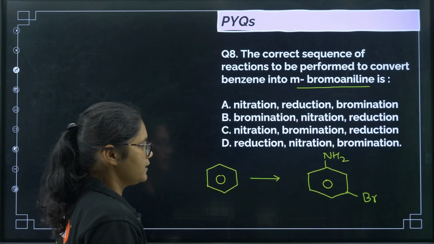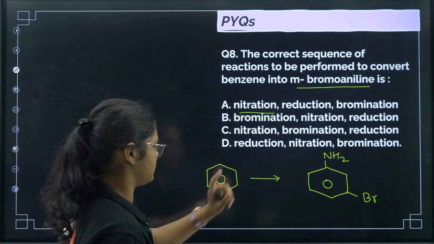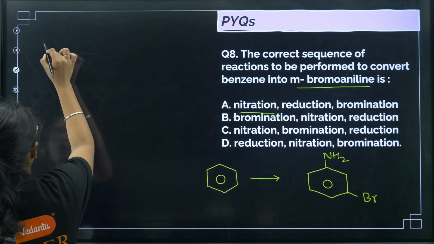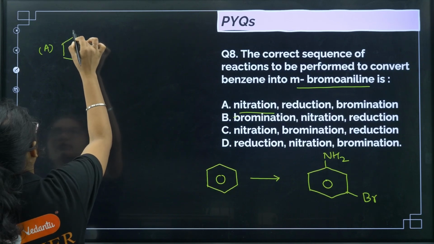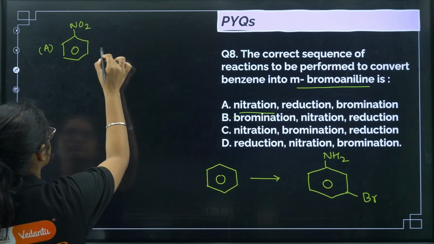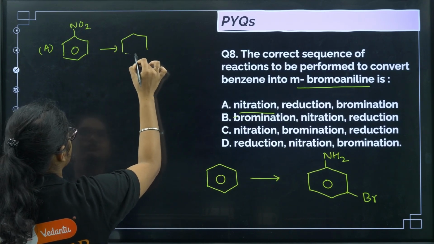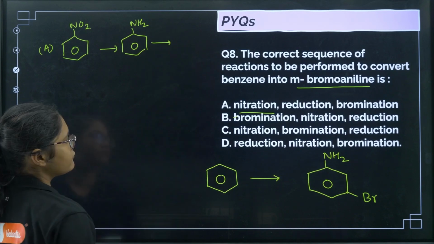First of all, let us see all the options. First I'll do option number A, let me check. If I do first nitration, then what I'll get? I'll get NO2, right? Then you do reduction. So if I do reduction, we'll get NH2. And then we have to do bromination.